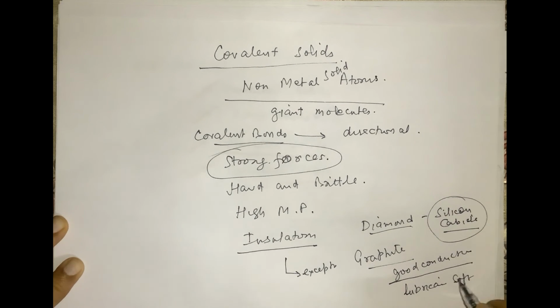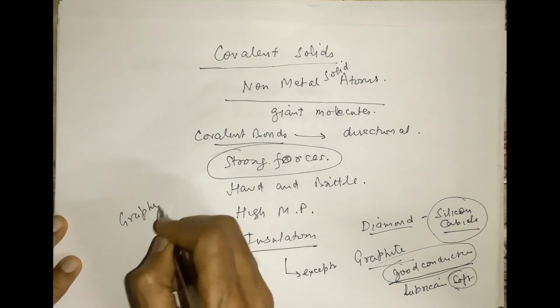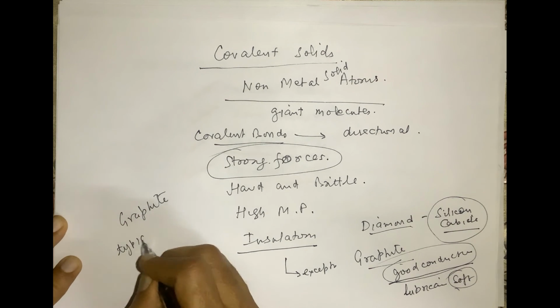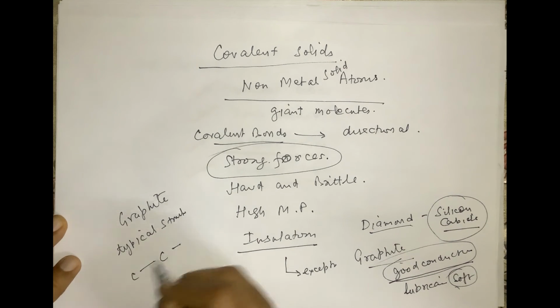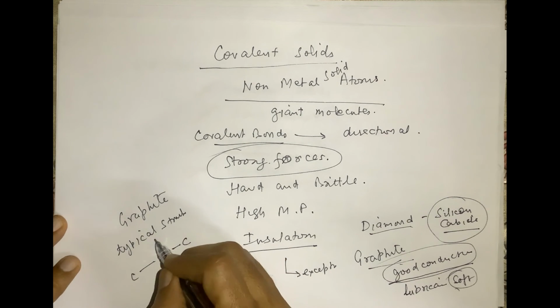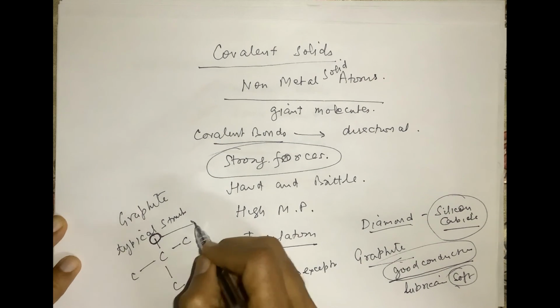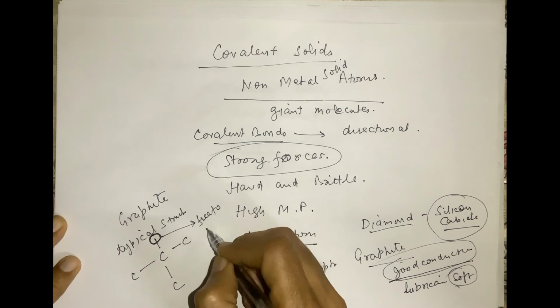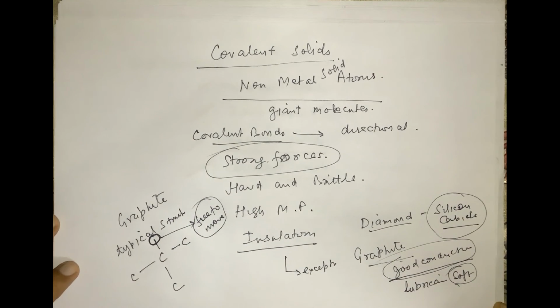Very soft. So why is graphite a good conductor of electricity? Because graphite has a typical structure. Each carbon is held by 3 carbon atoms, and the fourth valency electron is free to move, and due to this free electron, graphite exhibits good conductivity of electricity.